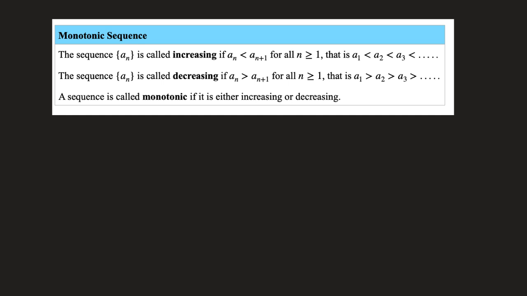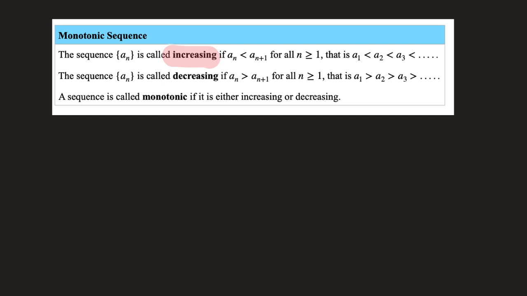We have one more theorem to find the limit of a sequence, guys. This one is a little abstract. First, I'll give you two definitions of sequences. The first one is monotonic sequence. Simply, a monotonic sequence means the sequence is increasing, like an increasing function.